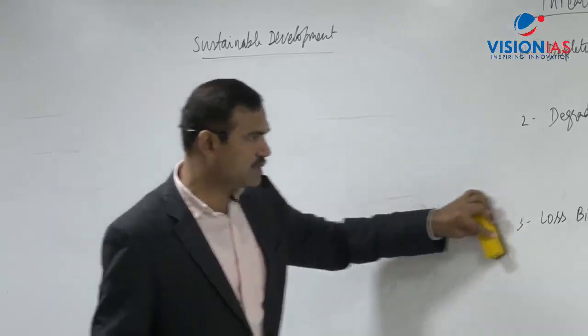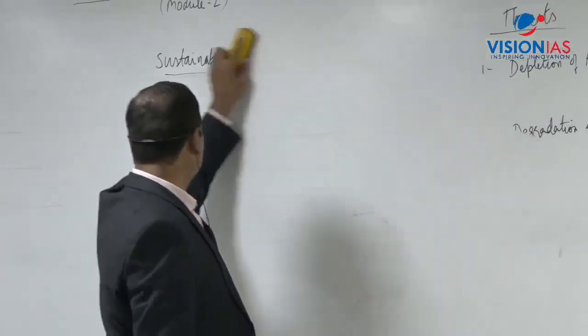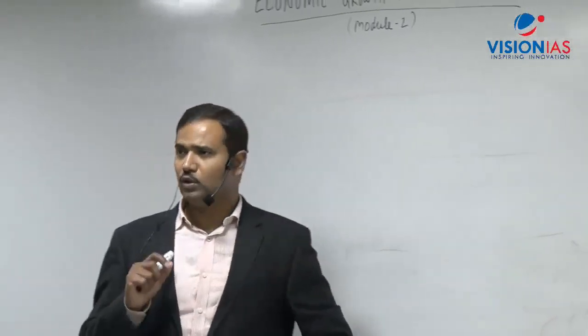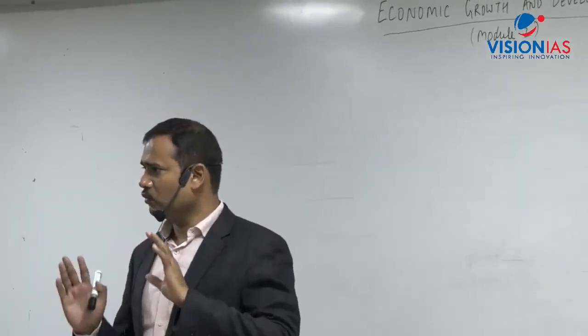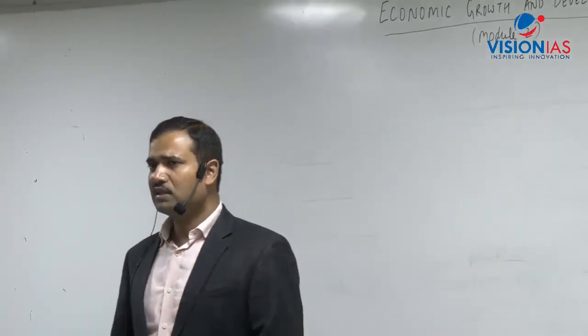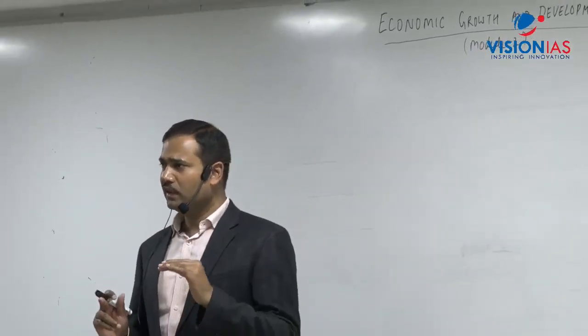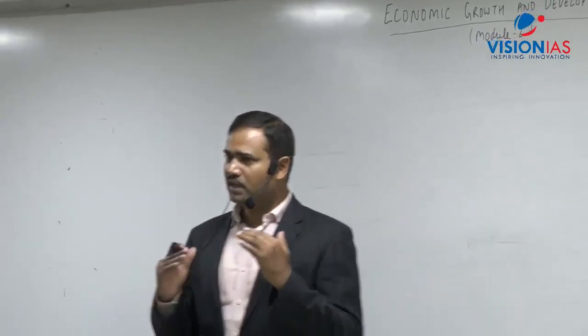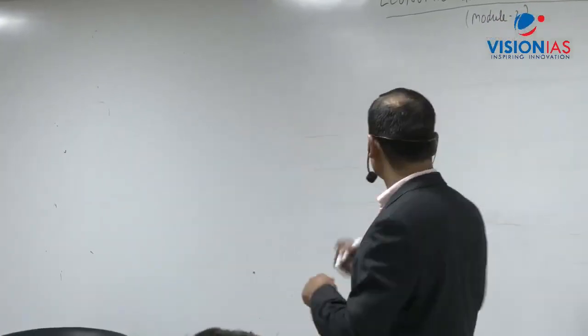This is the meaning of sustainable development. Okay, so we have discussed various types of concepts here, meaning of growth, development, etc. Now next in this topic we will take up the indicators, how we measure economic development. So, indicators of economic development.